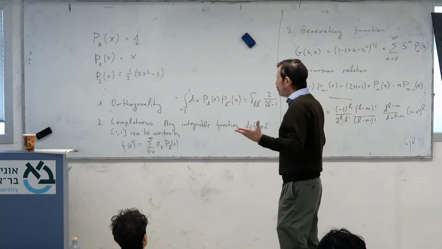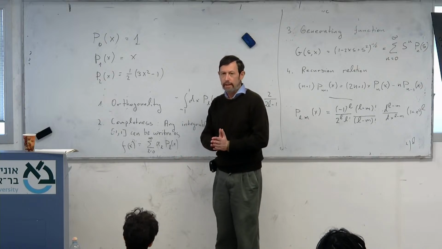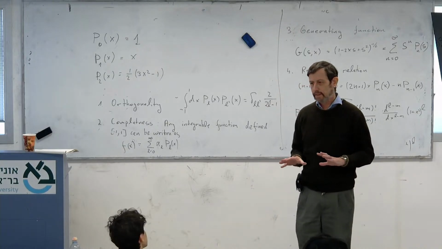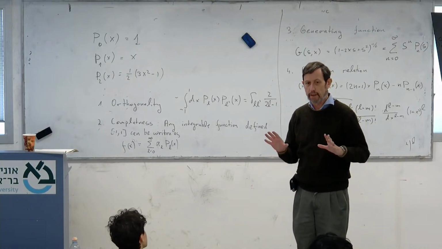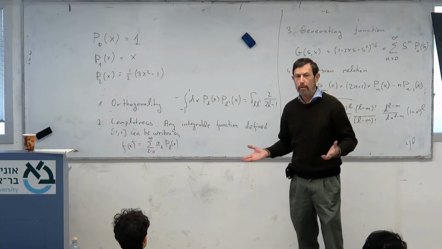Okay, so that's why parity is important. And the main claim here is that angular momentum has parity conservation, has a definite parity. Now, how will I prove it?